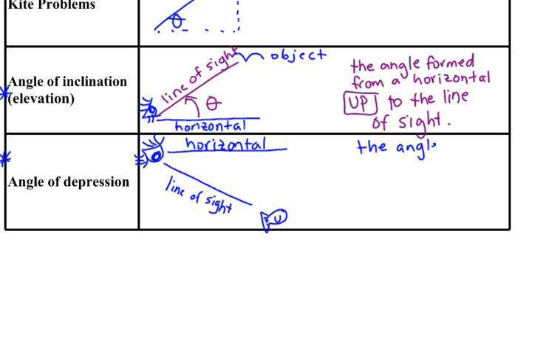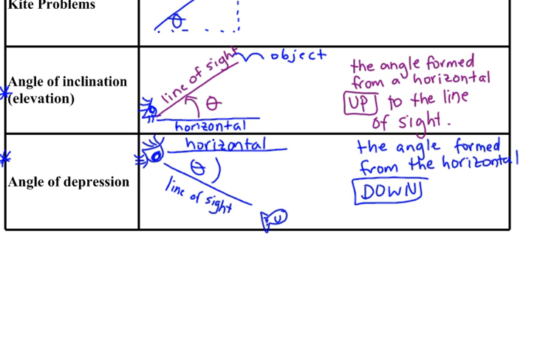Or you're looking from the top of a building down at the bottom of another building. The angle formed from the horizontal down to the object or down to the line of sight.